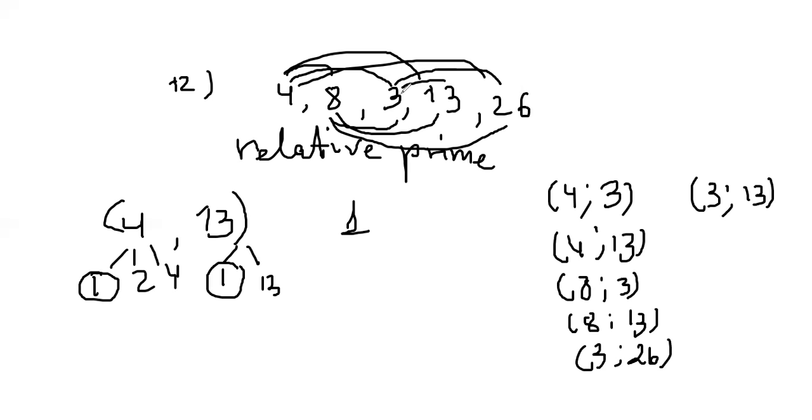What about 13, 26? This is the remaining final pair. You see, 26 is divisible by 13, so they have more than one common divisor. So we should leave it off. So what we have here: 1, 2, 3, 4, 5, 6.